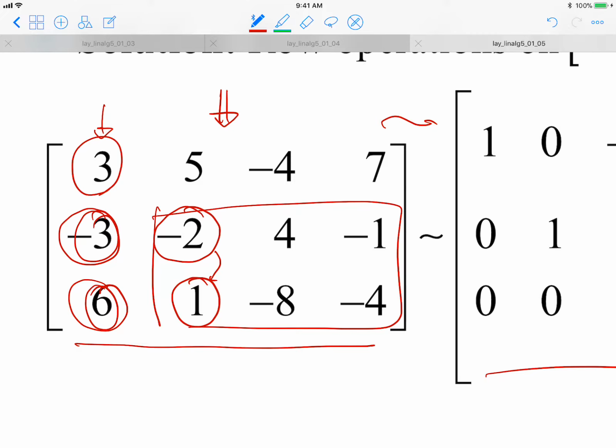So this is how we do the row reduction. And while changing it into echelon form, let's consider this part. This part just follows the row reduction, but it does not change or influence our row reduction process.